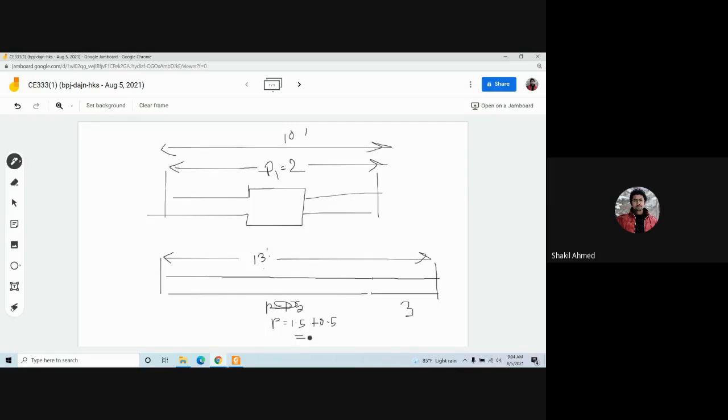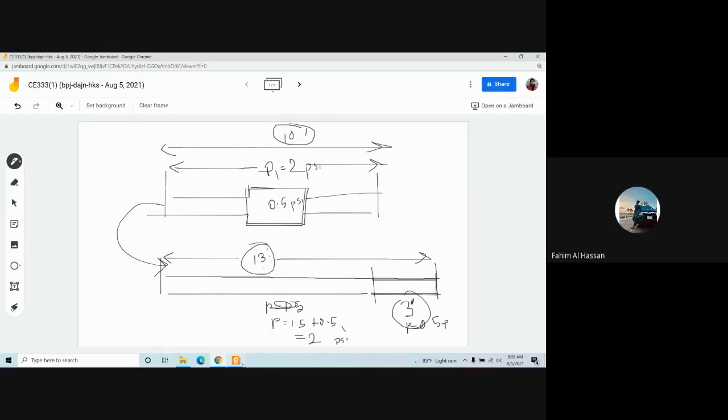So it has become 2 psi pressure drop again. That means this 3 feet length of the pipe is equivalent to the pressure drop in this fitting. Let's say this is 0.5 psi. Here also the pressure drop is 0.5 psi. So together it becomes 13. So instead of 10 feet, this pipe is equivalent to this pipe. So 3 feet is the equivalent length for this fitting. Did I make it clear?